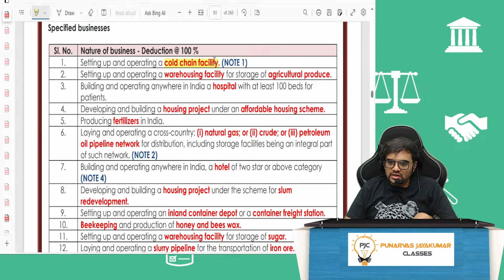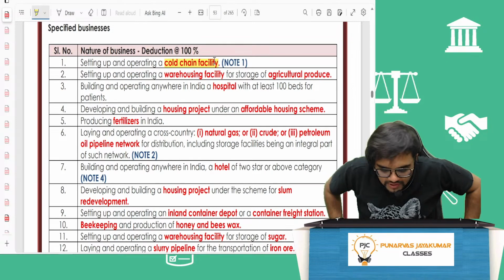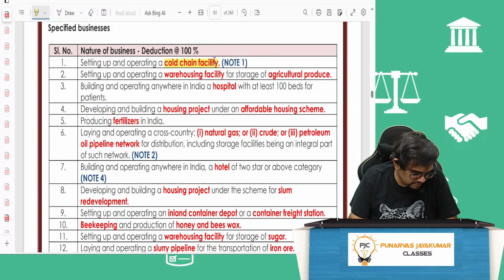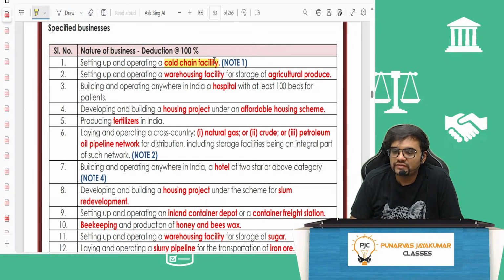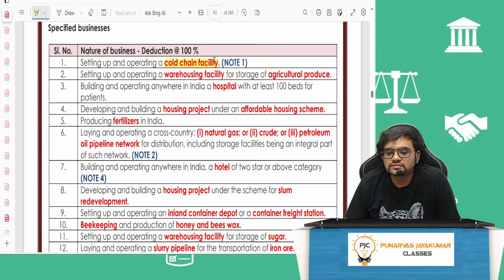If you are setting up and operating a cold storage chain facility where you store pulses, agricultural products, fish, all that, then any capital expenditure that you have incurred on this, you will get 100% deduction. No need to capitalize. What will you do? Take it in the P&L account directly.